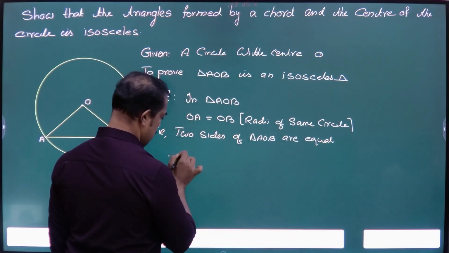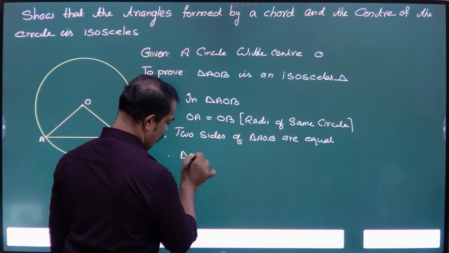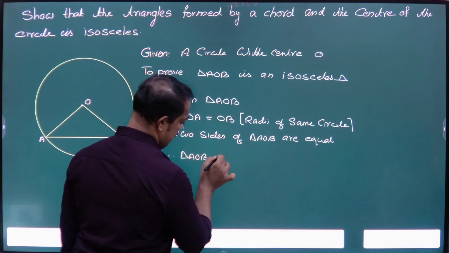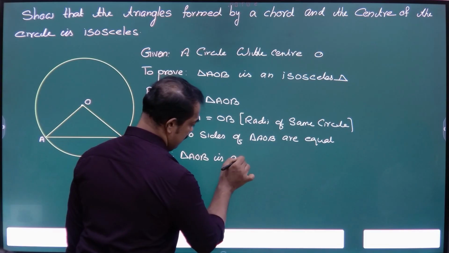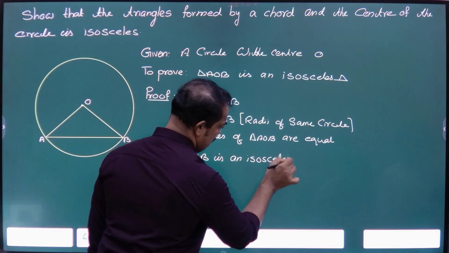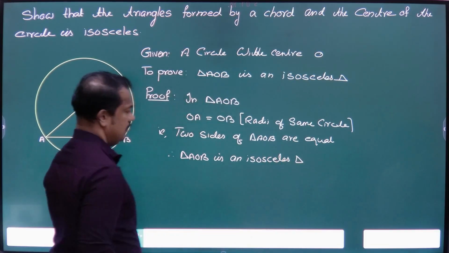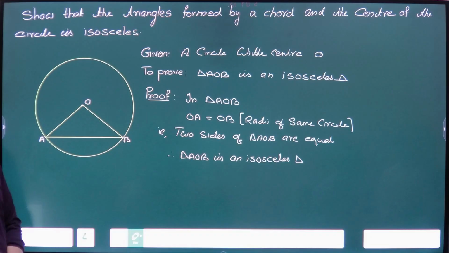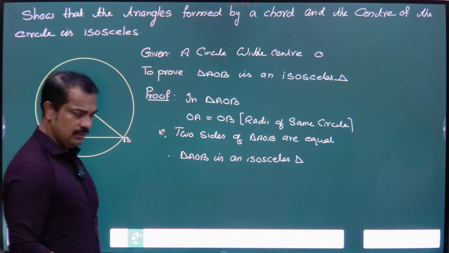Therefore, triangle AOB is an isosceles triangle. Clear?